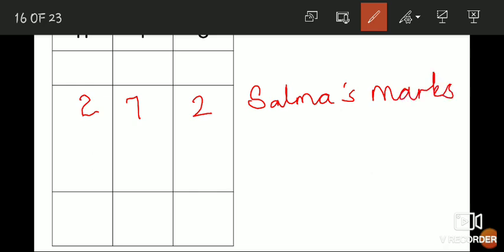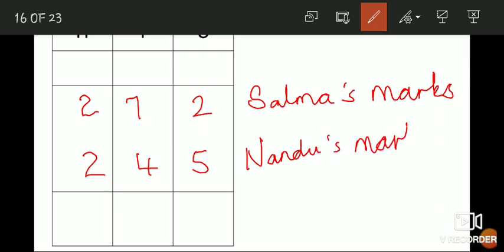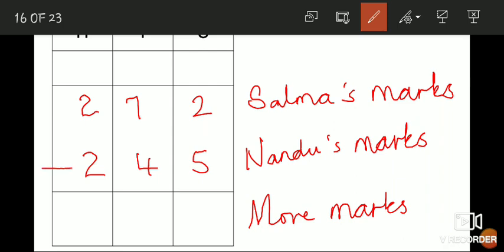Okay, and Nandu's marks are 245. And here you can write more marks. But don't forget to put your minus sign, very important.